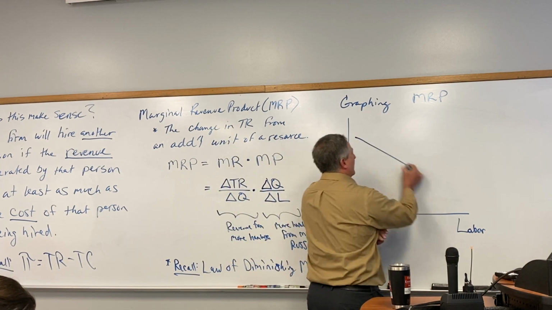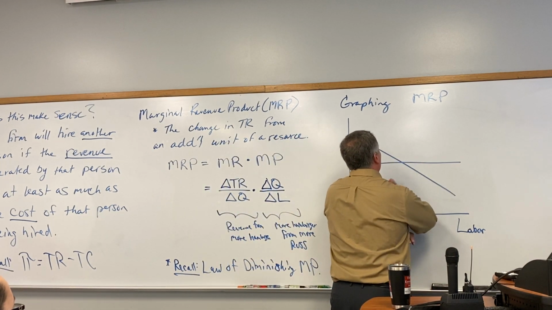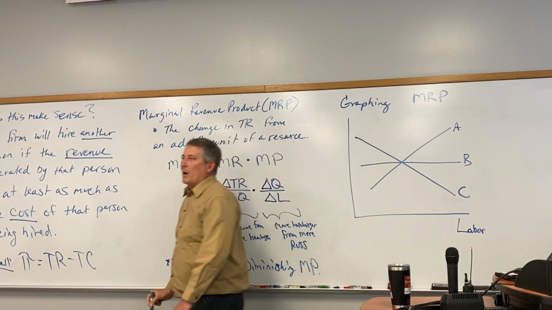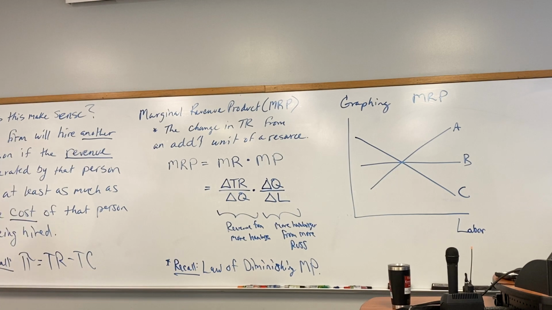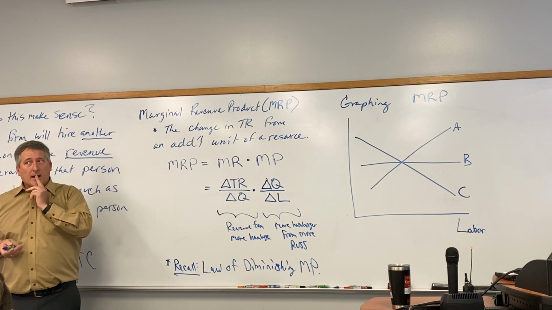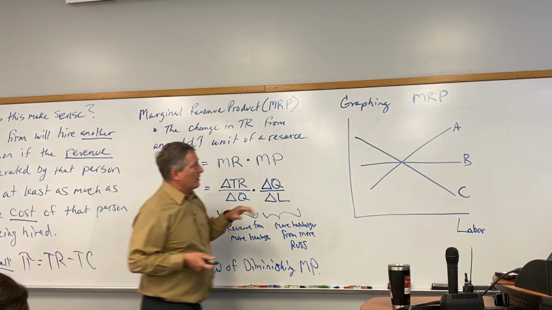Maybe don't draw this right now, but A, B, or C, what do you think the marginal revenue product curve is going to look like? As you hire more and more labor, what's happening to the revenue generated by additional people hired? A, B, or C? C? Anybody say A or B? Okay, so C is good. You got it. So C is good.